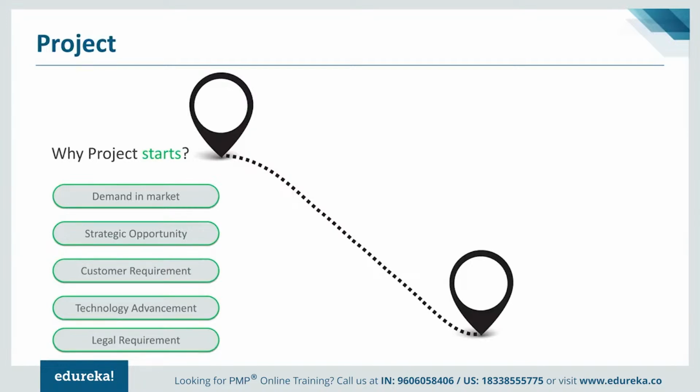Projects are also undertaken if there is any change in technology or if there is an advancement in technology. And you may have seen it a lot. Typically in IT projects, I have seen teams changing the entire technical landscape from one technology architecture to another, maybe because it becomes much easier to maintain.